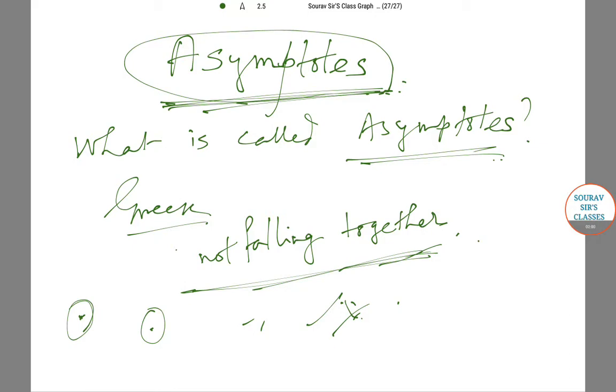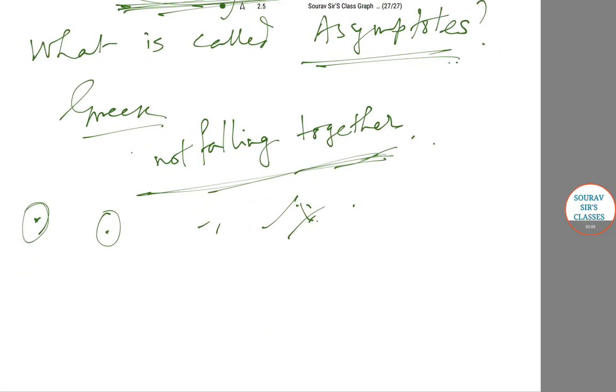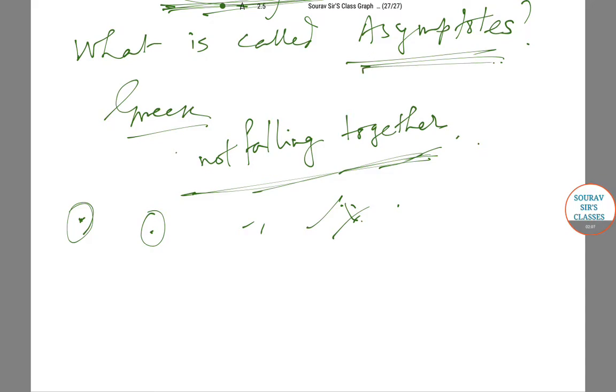Then we are talking about what an asymptote is in a graph. In a graph we call it an asymptote where a curve and a straight line are going nearer to each other.